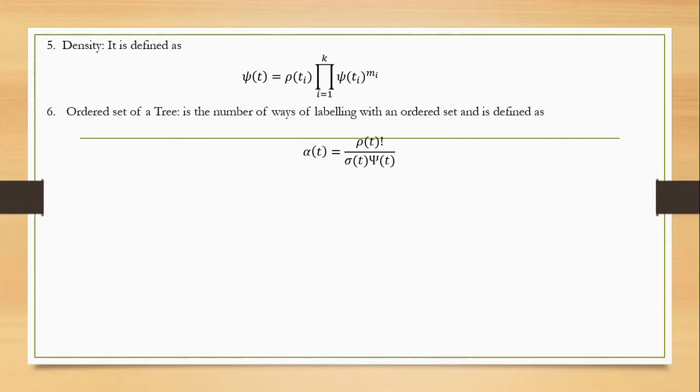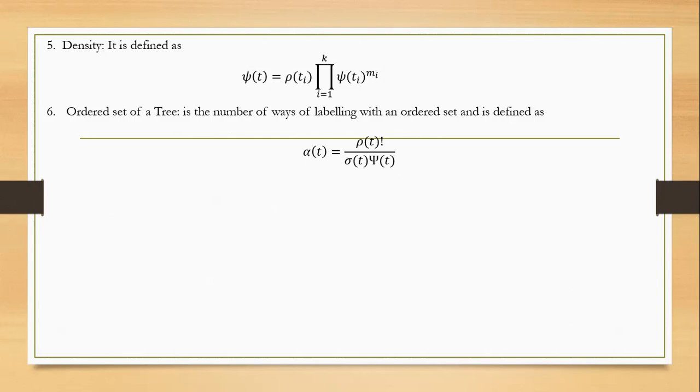We have ordered sets. We also have unordered sets. The ordered set of a tree is the number of ways in which we can label our tree. The way it can be labeled is called the order of the tree, and is defined using alpha of t, which equals the order factorial, that is the rho factorial, divided by the density times the symmetry.